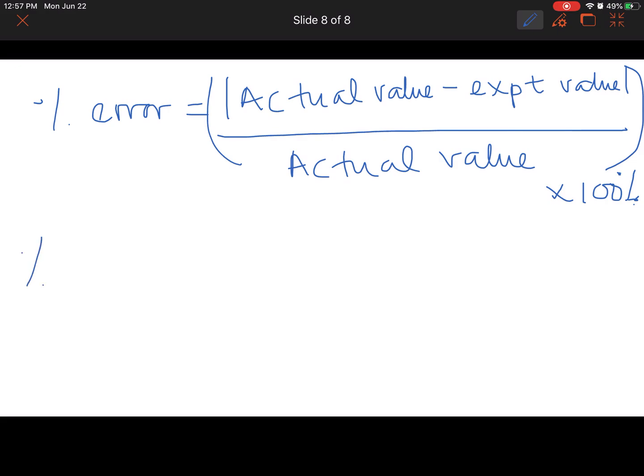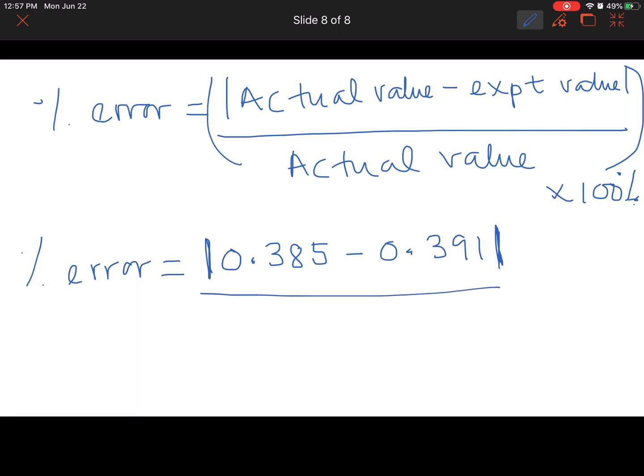So for our example, what is the actual value for copper? From the table it was given as 0.385. And what was the experimental value I got? That was 0.391. These bars represent that you have to take the positive value, and then you divide this by the actual value, which is again 0.385, and multiply this number by 100.